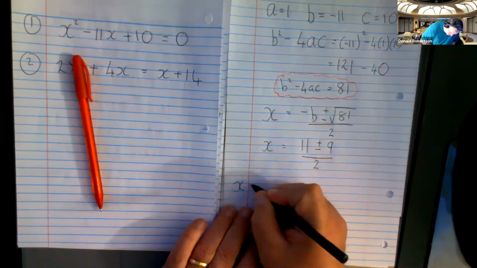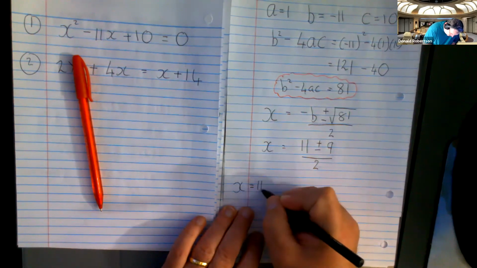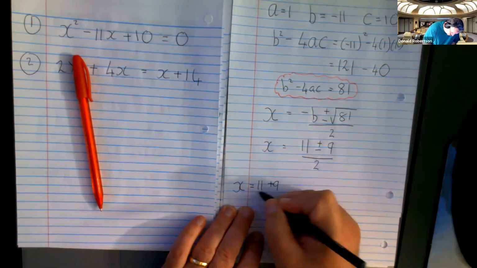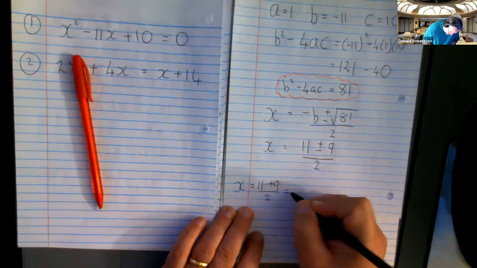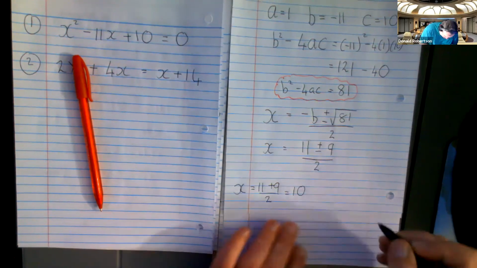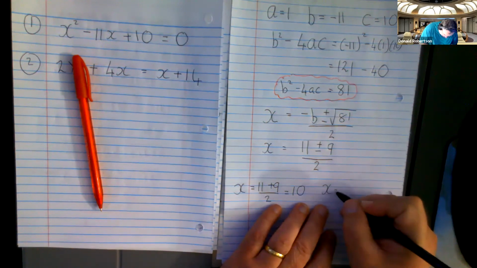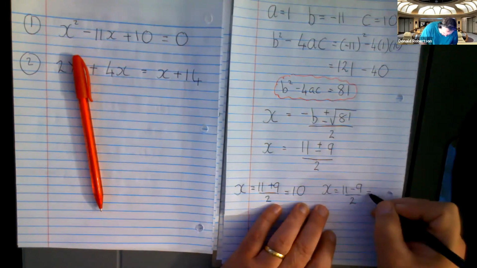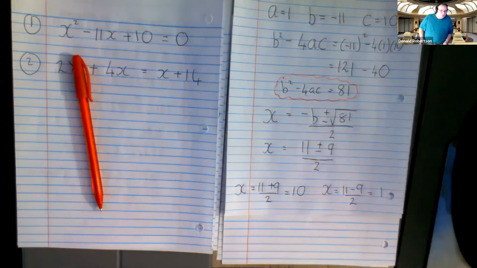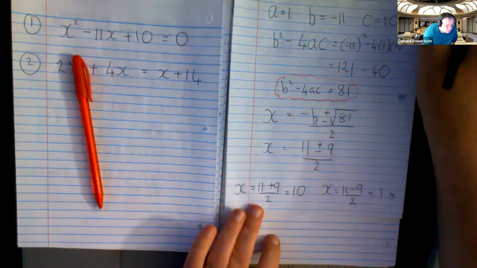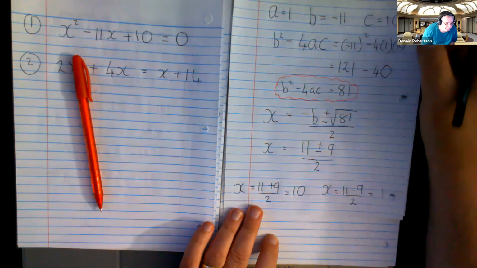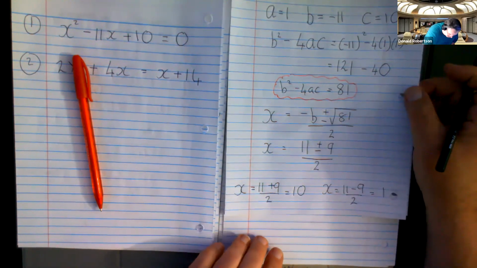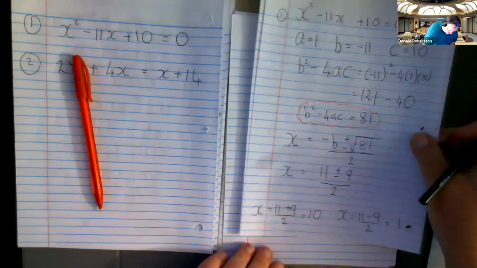It's going to be x equals 11 add 9 divided by 2, which gets you 10. And the other one is 11 take away 9 divided by 2, which gets you 1. Did you get 10 and 1? Because that's what you should have got. You okay with that one? Right, good nods. I'm happy with nods.